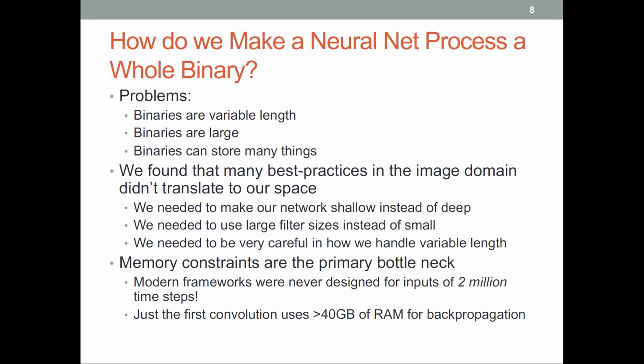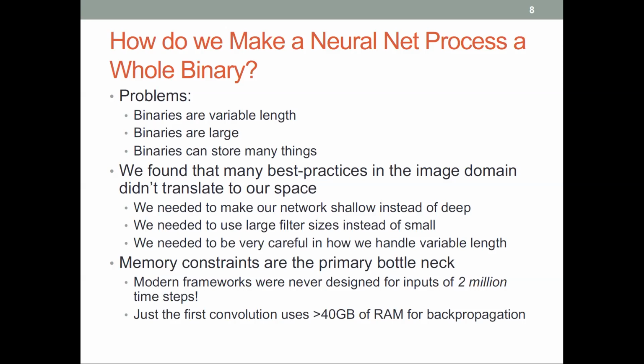This means they needed an architecture with only a few layers instead of many, many different layers. They also note that they needed to use large filter sizes for convolution operators instead of small ones to save memory and computation time. And they also needed to be very careful in how they handle the variable length of binaries.